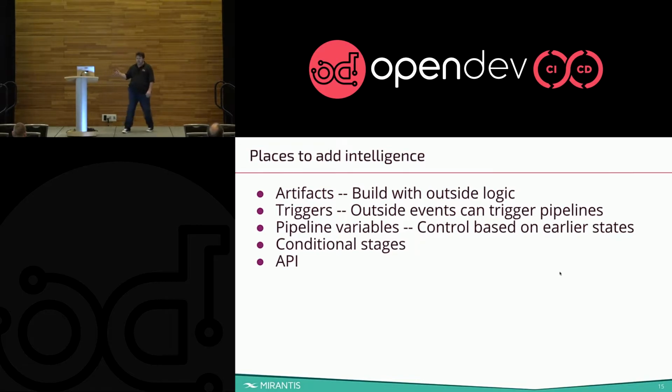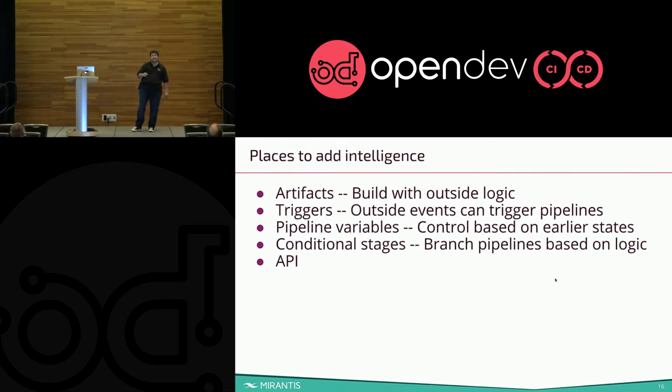Pipeline variables enable you to see what's actually going on in the process so that you can react specifically to this exact execution. What is happening right now? You can create fairly complex pipelines based on the situation on the ground, so to speak.